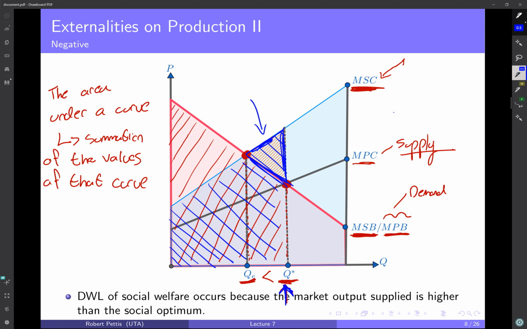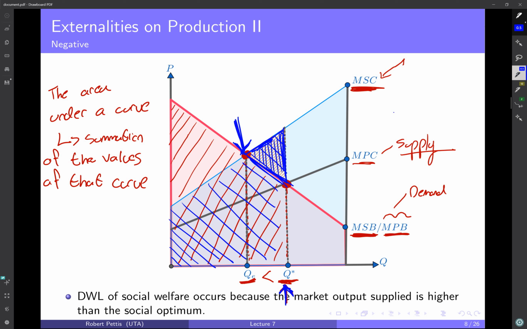Okay, so it turns out that if we produced here at this socially optimal amount, we wouldn't be picking up this negative surplus. If we stopped producing here, we wouldn't have to pick up some extra negative surplus, and we don't have to, right?